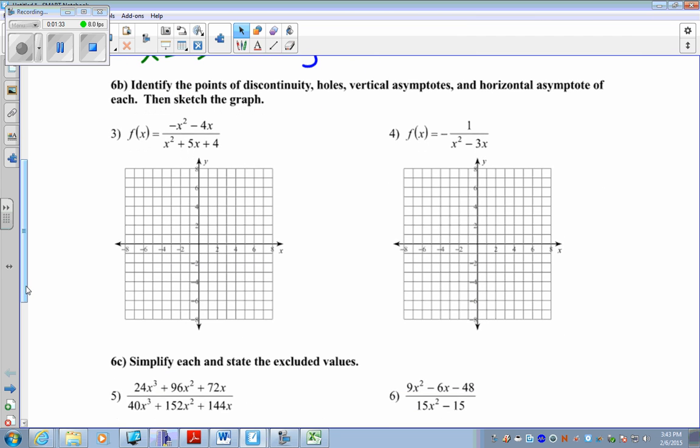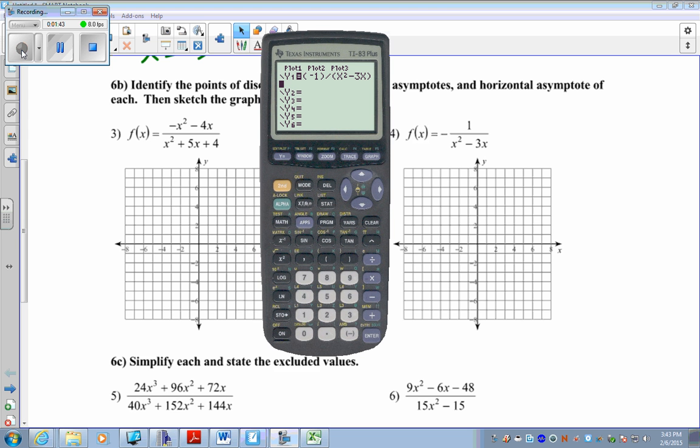Now the only thing different, we have to identify points of discontinuity and the holes. So we're going to put this number 3 into the calculator. Okay, I lied. I'm putting number 4 in because it's a little different. Go to graph it. Clearly I need to hit zoom 6.